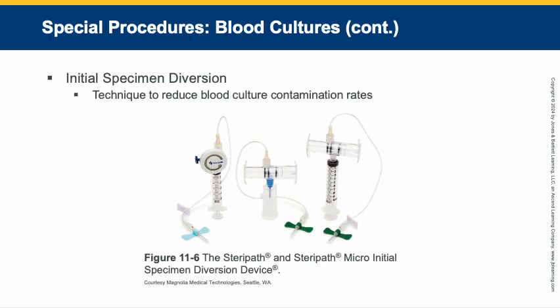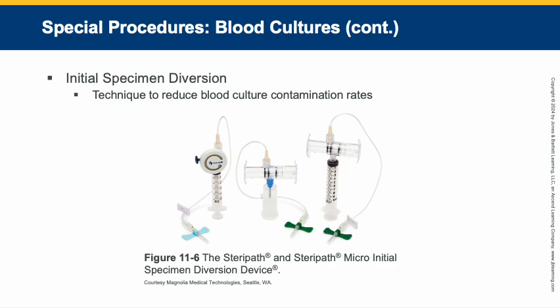Okay, this is just some initial specimen diversions. These are new devices called SteriPath. These SteriPath have been shown to reduce and sustain blood culture contamination rates. And we won't go into a lot of details on those because if you are using those, they will show you how to use those.